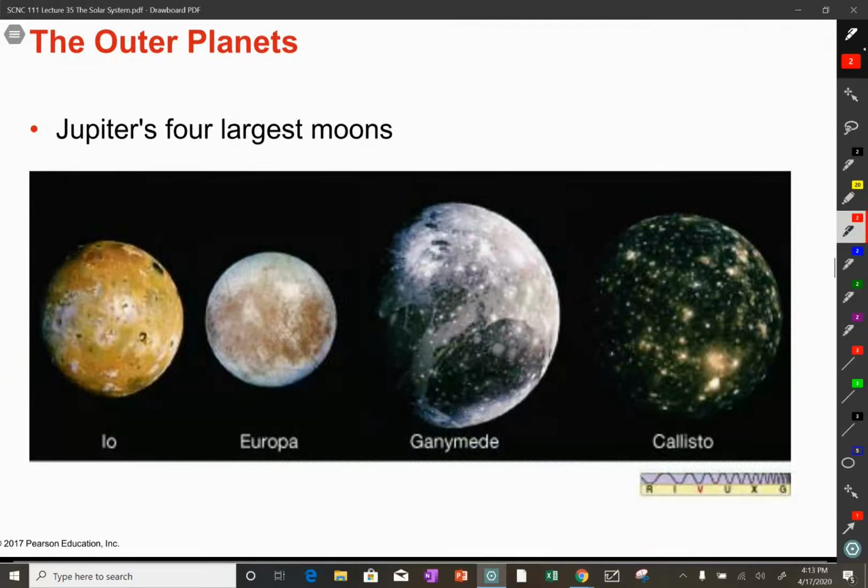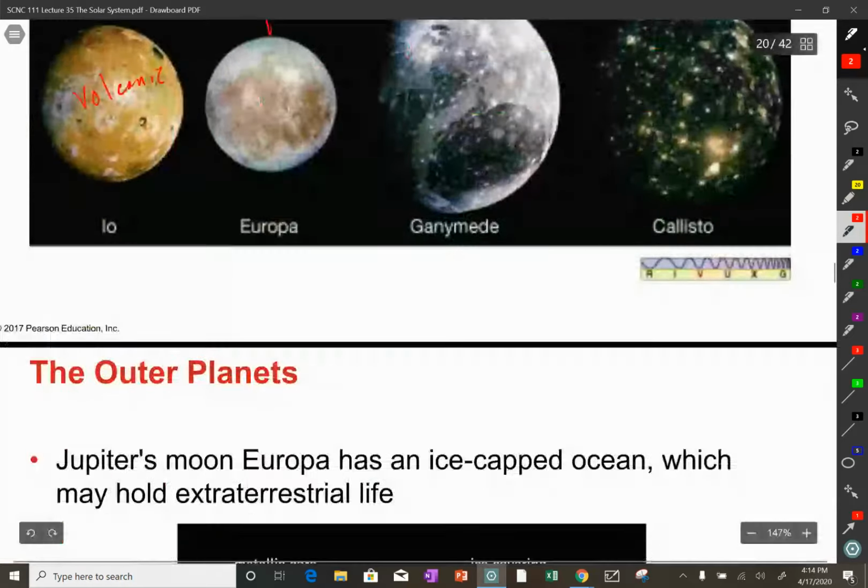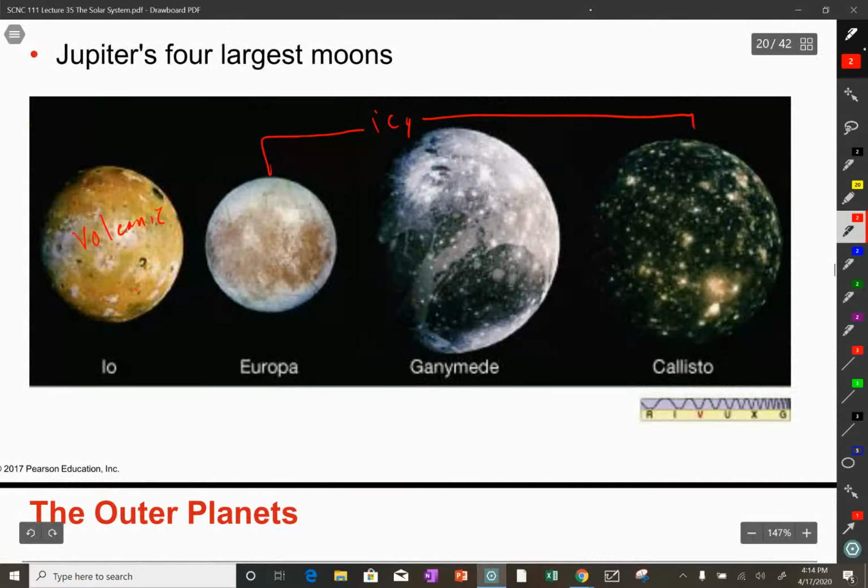Here are its 4 major moons. Io, you look at Io, this is volcanic. You look at Europa, actually, Europa and all of the rest of them are icy. Each one is interesting in its own right. Io is volcanic because it's so close to the planet that the gravitational force distorts it, and as Europa comes around, Europa will stretch it.